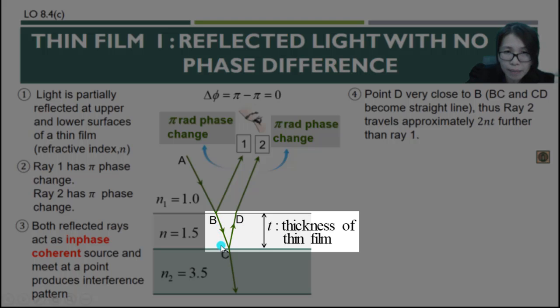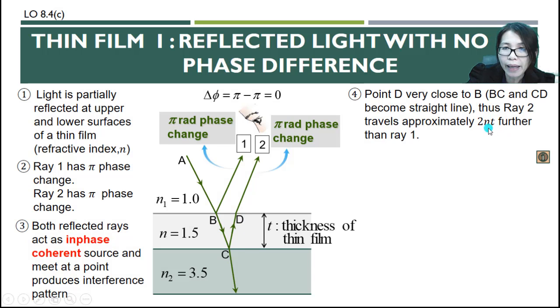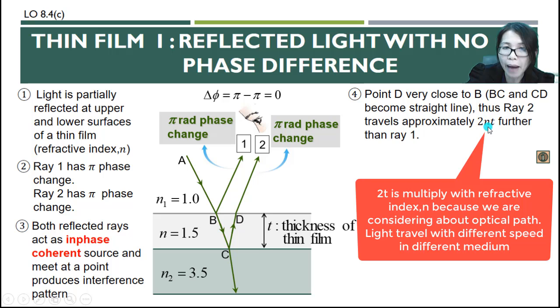Satu thickness pergi ke bawah, lepas tu satu thickness naik ke atas. So 2t. Kita kena darab dengan n. Kenapa kena darab dengan refractive index? Sebab the speed of light dalam medium yang berbeza adalah berbeza. That's why kita kena darabkan 2 kali thickness tu dengan refractive index thin film tu.